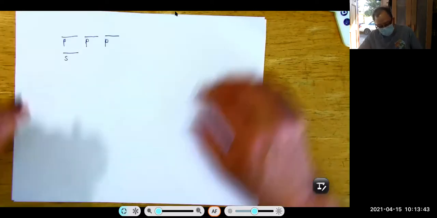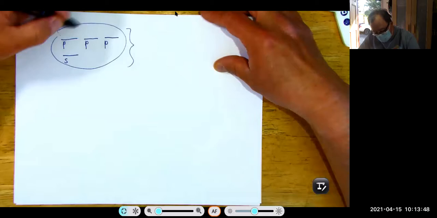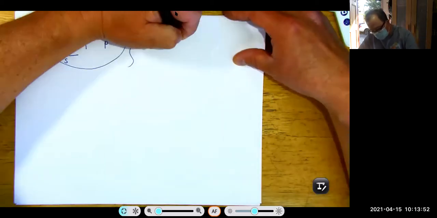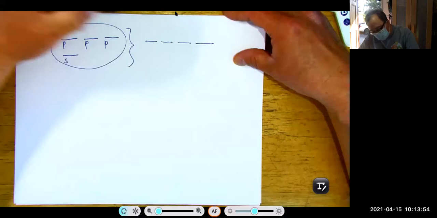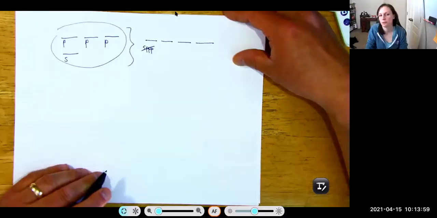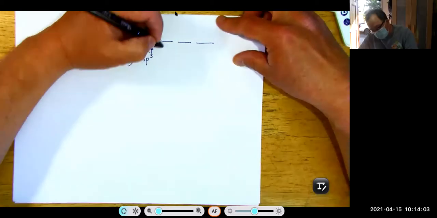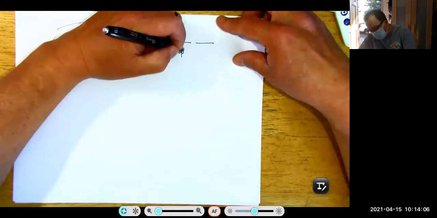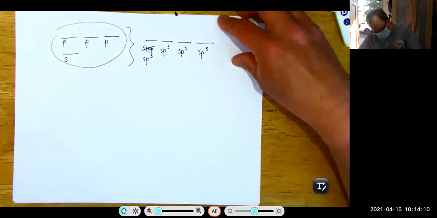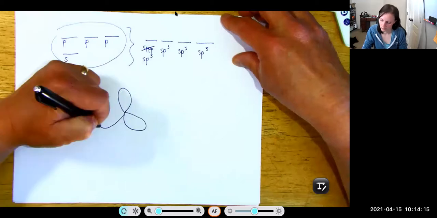So when we do all four, I'm going to circle all of them. What happens is you get four orbitals, and this one's going to be s p p p, right? But what do we call that? sp3. So what's the best way to arrange four sp3 orbitals of equal energy? Tetrahedral. Right.